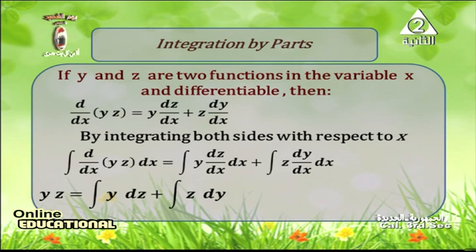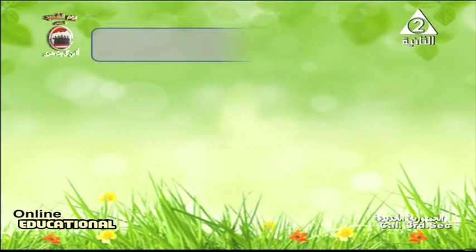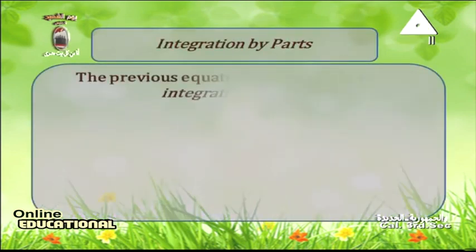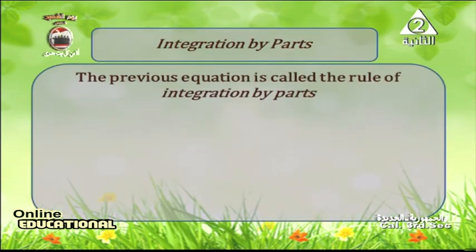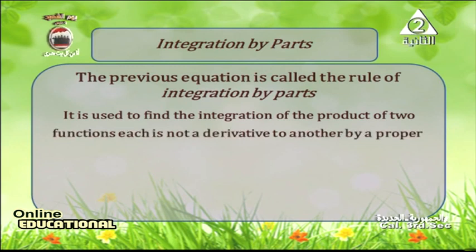Then yz equals integration y dz plus integration z dy. And the integration of y dz equals yz minus integration z dy. The previous equation is called the rule of integration by parts. It is used to find the integration of the product of two functions.